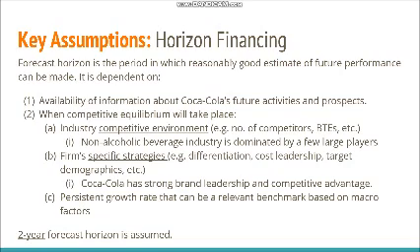Then the next assumption is regarding the forecast horizon. The forecast horizon is the period in which a reasonably good estimate of future performance can be made, and it is dependent on two things: the availability of information about Coca-Cola's future activities and prospects, as well as when competitive equilibrium will take place. The second point considers 3 factors. One is the industry competitive environment.